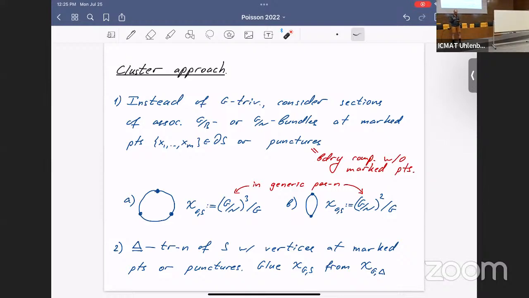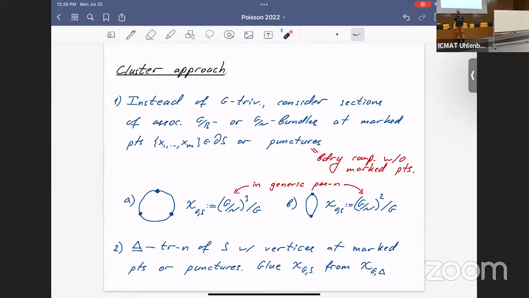So we'll have a surface with some marked points on the boundary and with punctures, which for me just, if a boundary component of the surface does not have a marked point, I shrink it to a puncture because I only care about topology, and I call it a puncture. And then at each marked point or puncture, I can introduce a section of an associated G mod B or G mod N bundle, right?